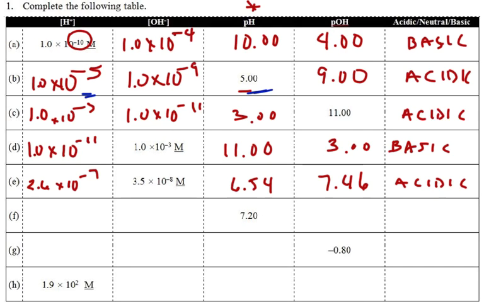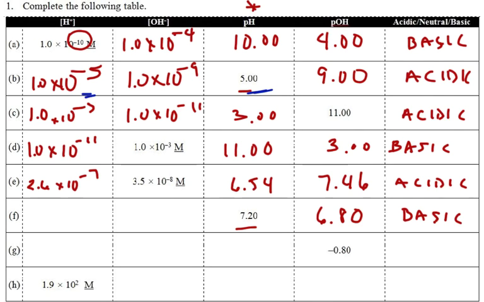In the same way, if I have my pH as 7.20, then subtract from 14, I know my pOH must be 6.80. Also, if I know my pH is 7.2, that's greater than 7, so this is slightly basic. Now I have to use my calculator and say 10 to the negative 7.2 and 10 to the negative 6.8 to get my H plus concentration and my OH minus concentration.